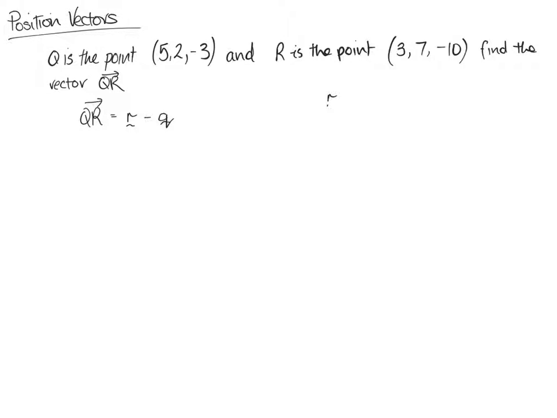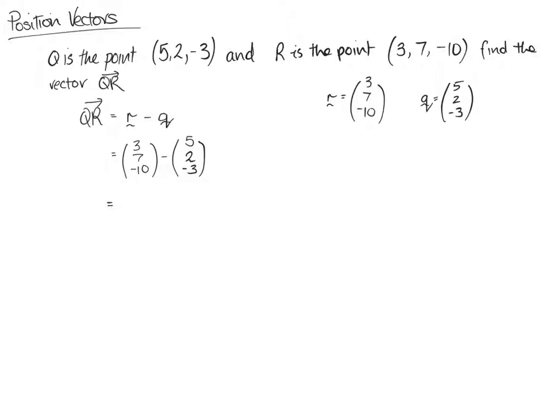Okay, so for R, we've got our coordinates, so it's just the same numbers, but we're writing it in component form rather than as a coordinate. And Q is going to be (5, 2, -3). So we get (3, 7, -10) take away (5, 2, -3). Then again, we're looking at our top numbers first.